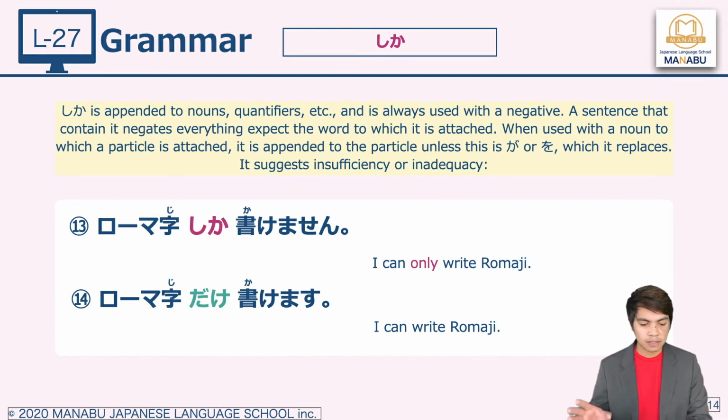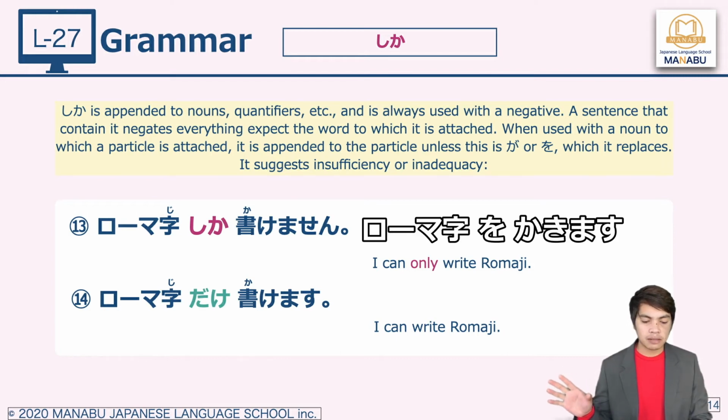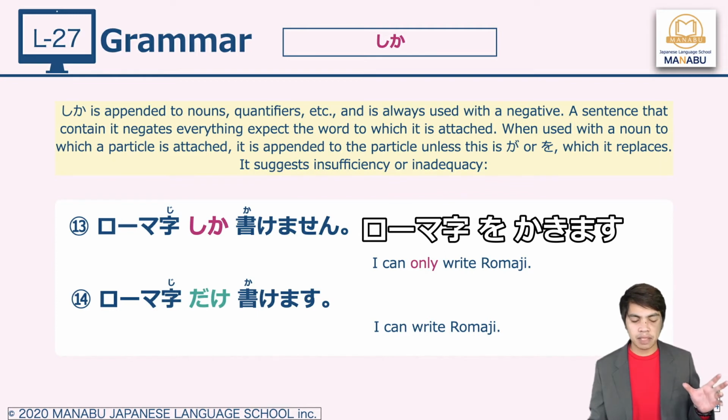So let's start from example number 13. So romaji and the verb kakimasu. Romaji o kakimasu. To write romaji. So you will replace the particle o with shika. Romaji shika. And the verb kakimasu becomes kakemasen. So it means I cannot write.